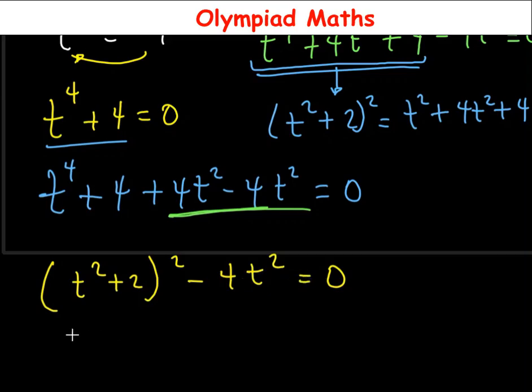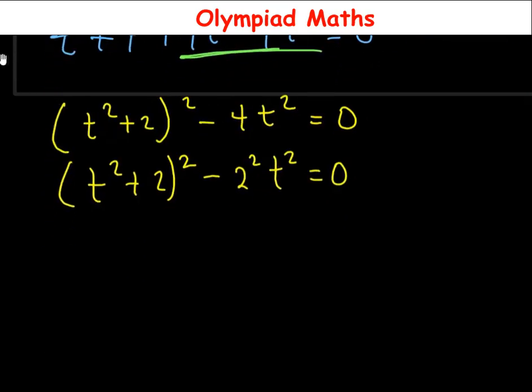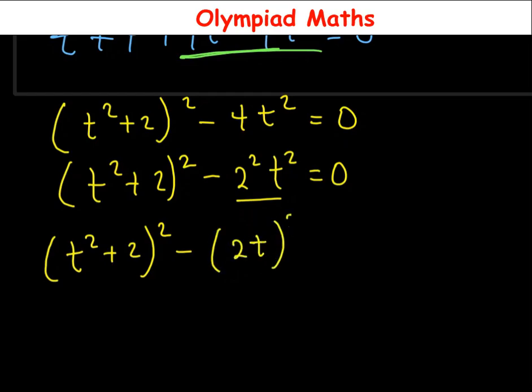Now from here, we have t squared plus 2 all raised to the power 2 minus, we can express 4 as 2 squared, then times t squared is equal to 0. So with this, what we have is, in bracket, t squared plus 2 all raised to the power 2 minus, then this can be written as, in bracket, 2t all raised to the power 2 is equal to 0.